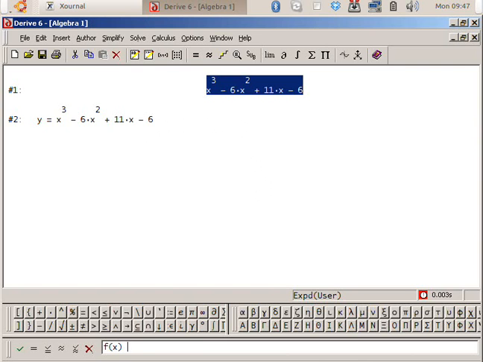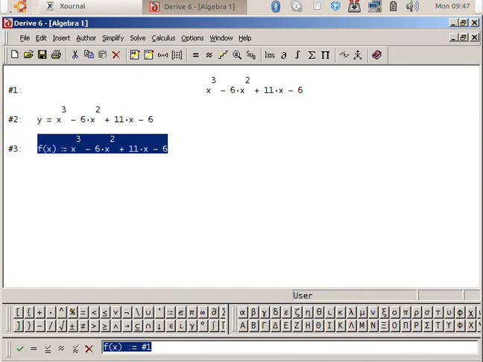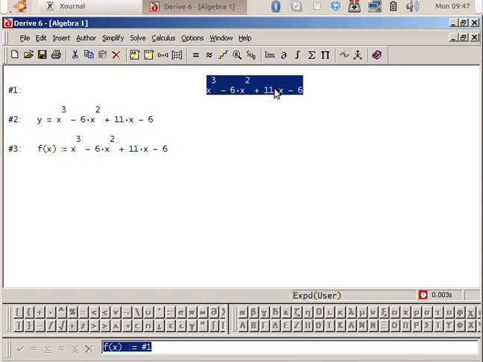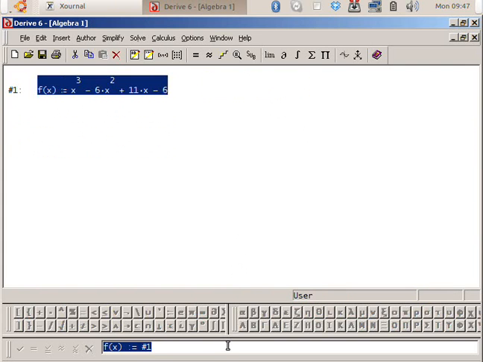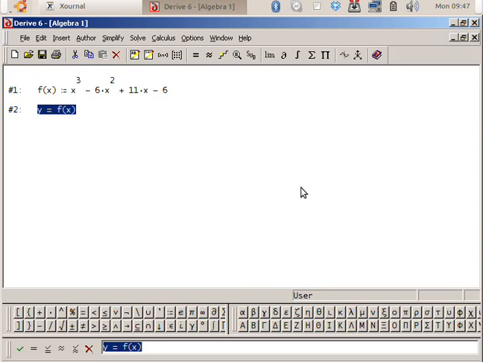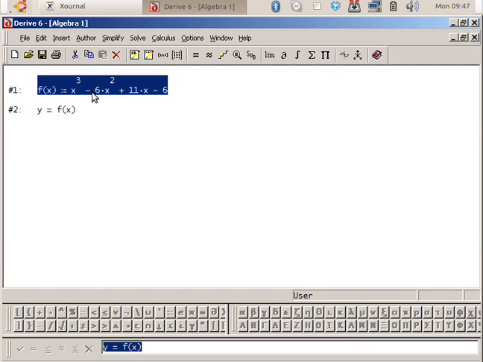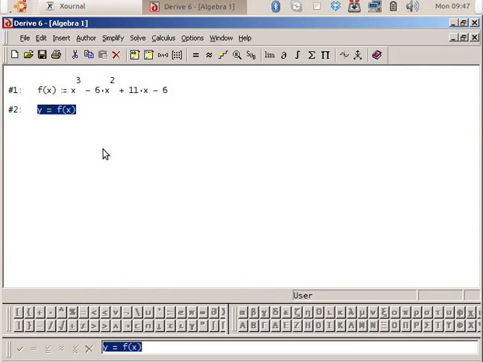Isn't it mode 54? One, three. You try it there. I'll do it in a minute. Get the area between this curve and the x-axis.